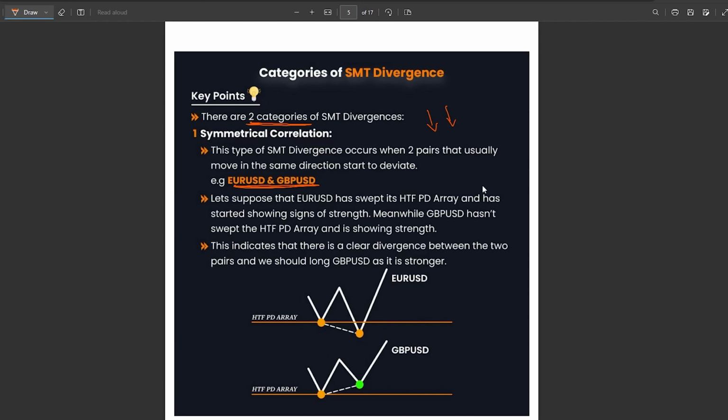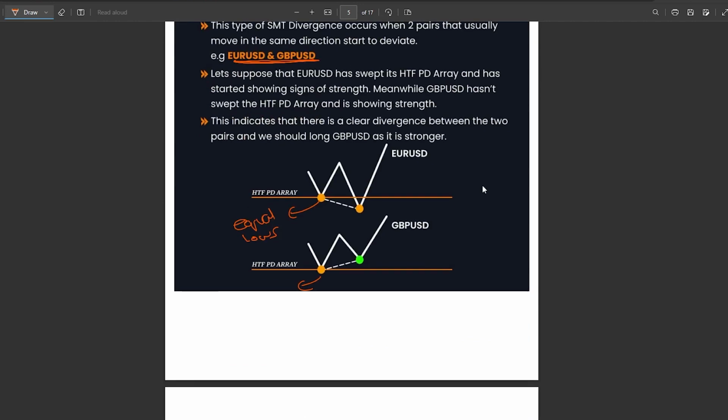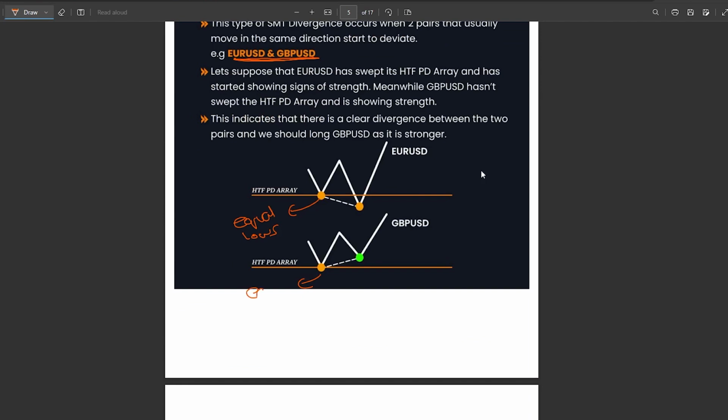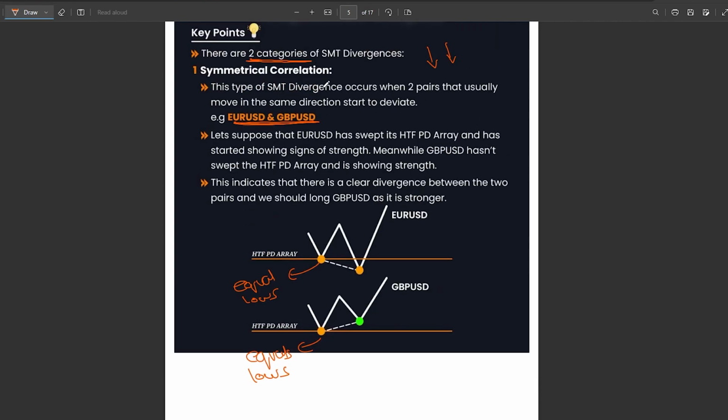When pairs that normally move in the same direction start to deviate, for example, Euro takes out its equal lows at the higher time frame PD array, but GBP doesn't, this creates a divergence. Since it is between pairs which usually move in the same direction, it is called symmetrical correlation.